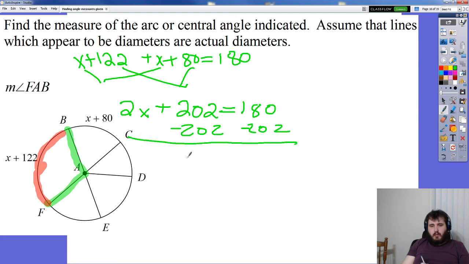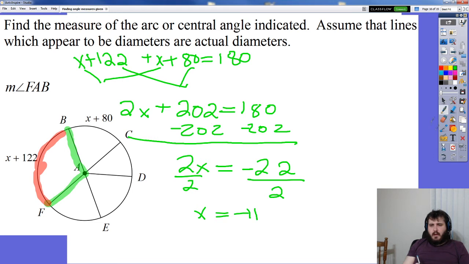Some of you in this lifetime are worried. Well, I just got negative 22. And I'll keep going, but that's negative 11.